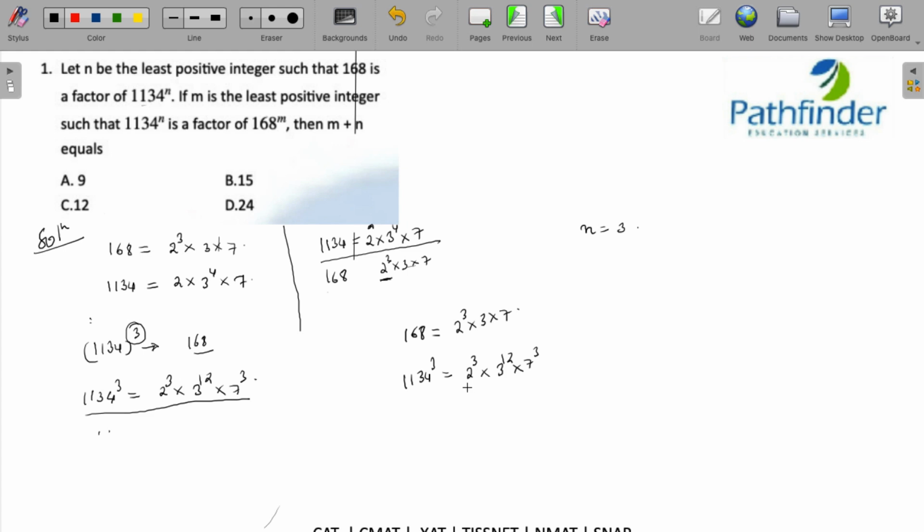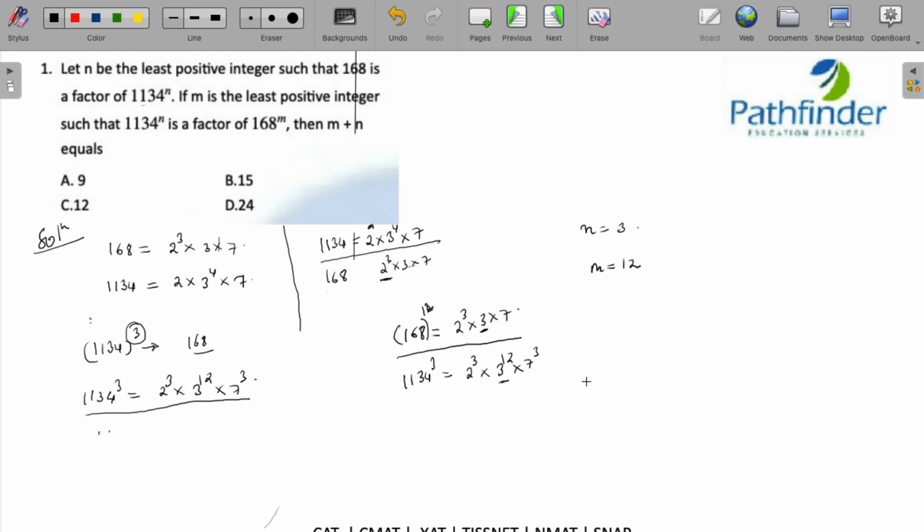So you will observe that 2 cube will cancel out, but in order to cancel out this 3 to the power 12, I need to have 3 to the power 12 here also, which means 168 has to be raised to a power of 12 so that it is divisible by 1134 to the power of 3. So what does that mean?